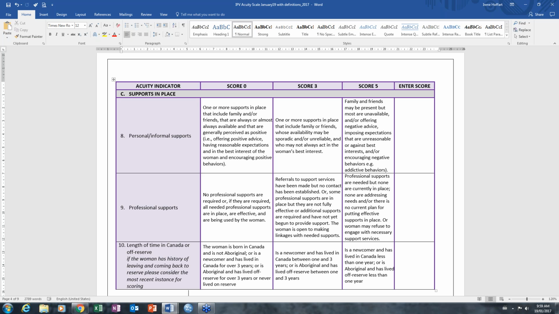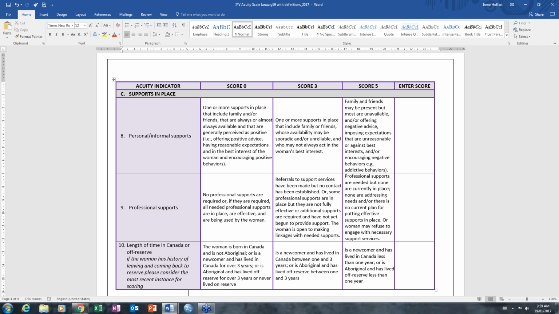So a score of 0 means supports are in place and include family or friends that are always or almost always available. We know nobody can always be available, so we hedged it a little bit. But those are supports that are generally perceived as positive overall.